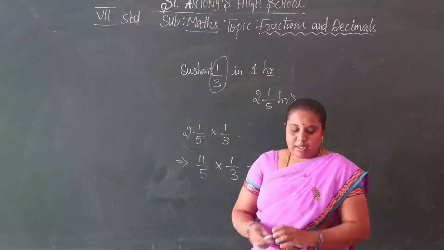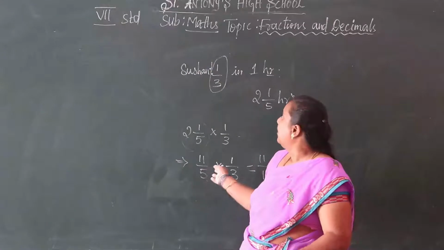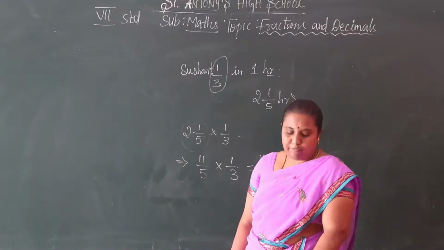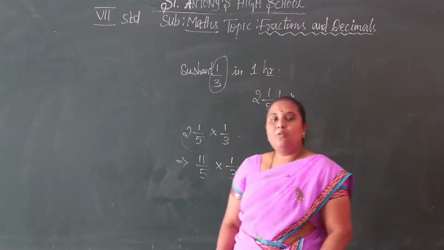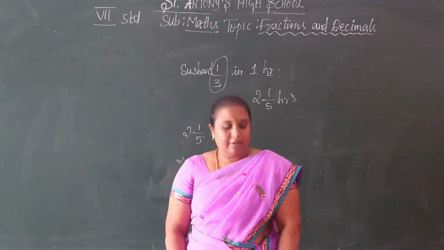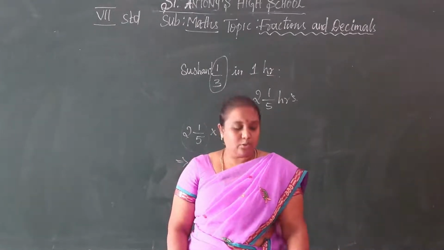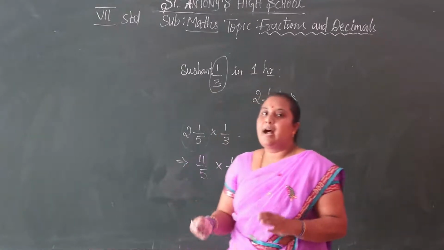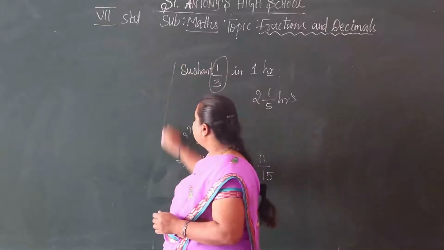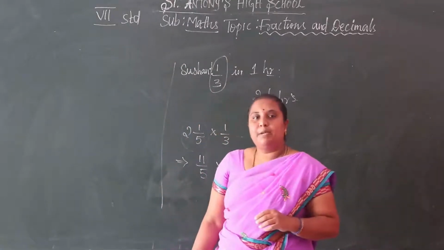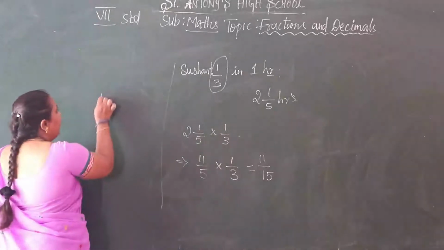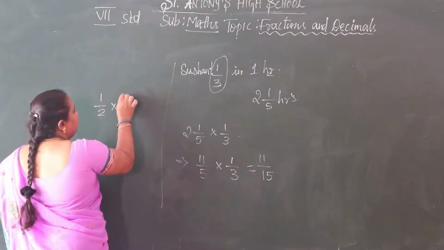Now let us find, as given in your textbook, 1 by 2 into 5 by 3. How to multiply this is another example of multiplication of fractions, given in your textbook.